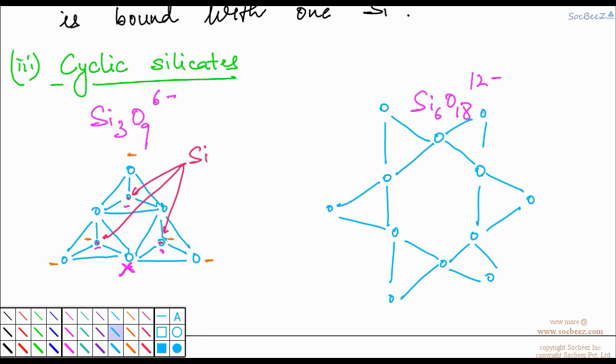There would be more oxygen atoms over here in the center, and silicon atoms would be present just on top of them.